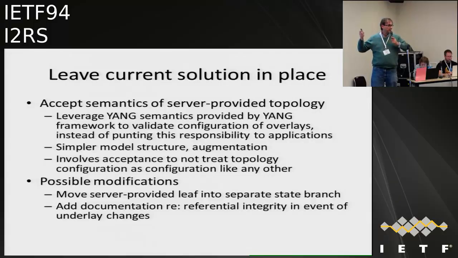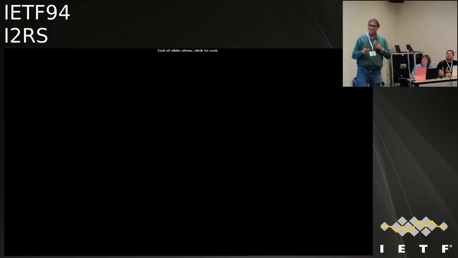Right now, I think there's no perfect solution, but with the issues that were discussed here, the main implication is that we would have to accept not treating topology information, which is configuration information, as configuration information like any other, simply because there is semantics associated with this, as expressed by this object, which would say don't make it just a regular piece of configuration. And I think this is it.